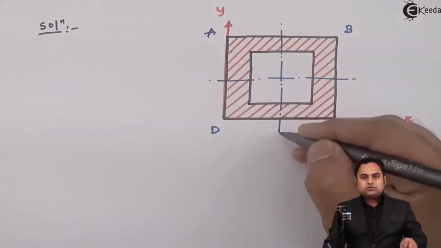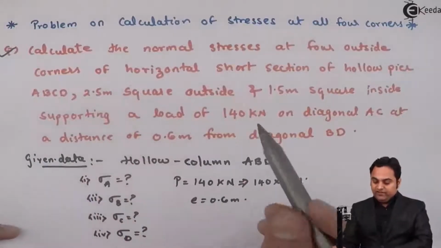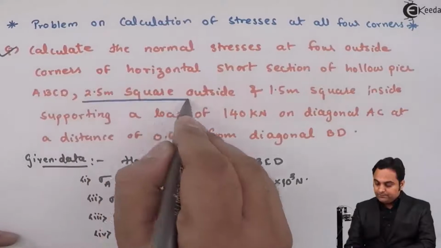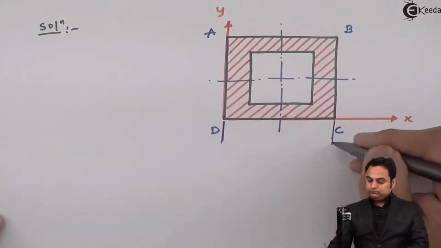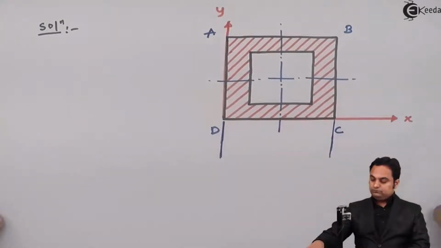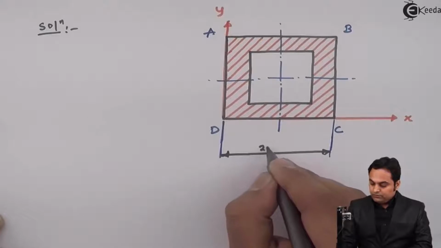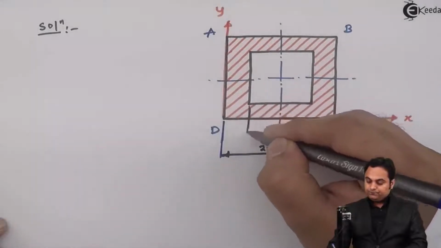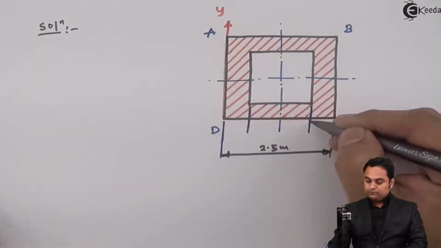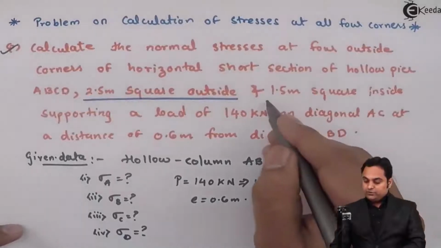The dimensions of the square are given. It is written that 2.5 meters square outside. So it is 2.5 meter outside and 1.5 meter square inside.